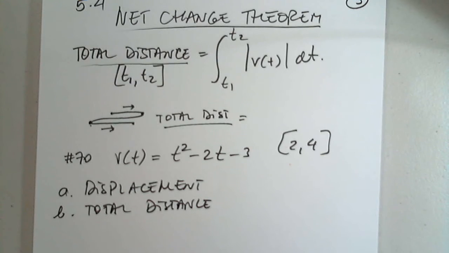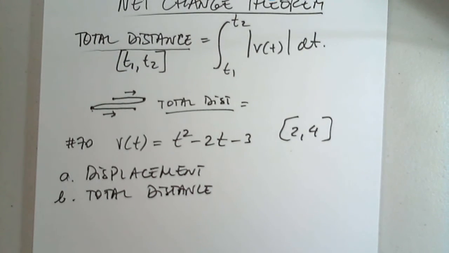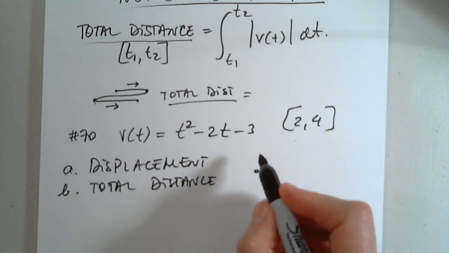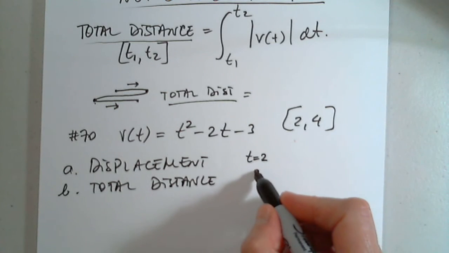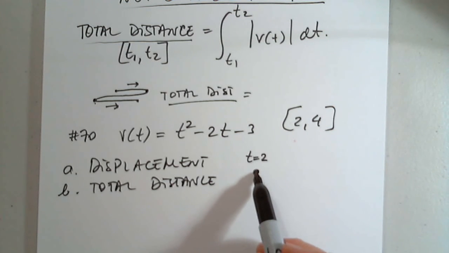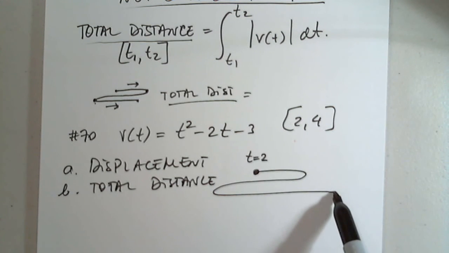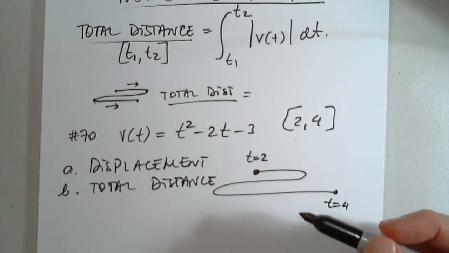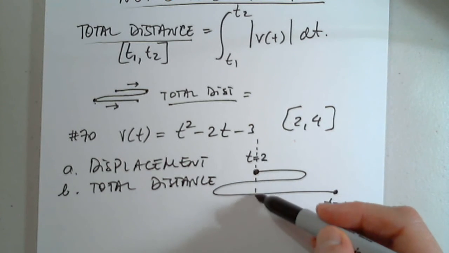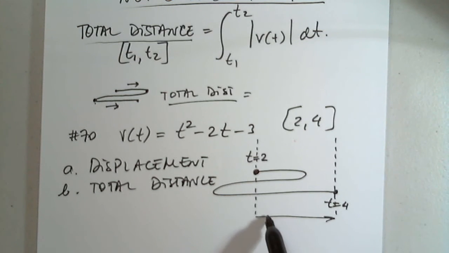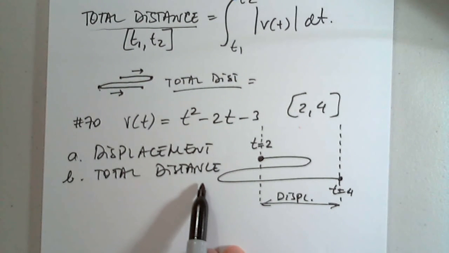Good. So here's the idea with the displacement. Let's say at time t equals 2 seconds, the function is here. And in the next 2 seconds between 2 and 4, the function does this. So let's say this is t equals 4. What is the displacement? It is this distance. What is the total distance?